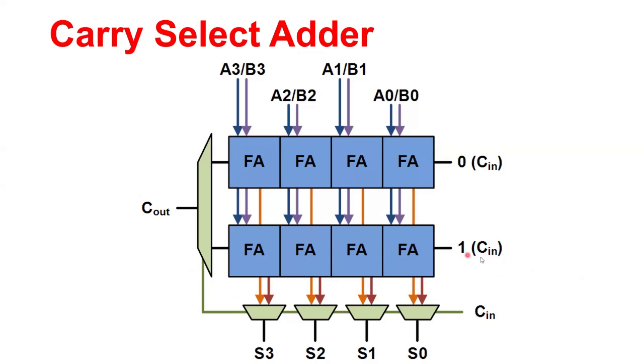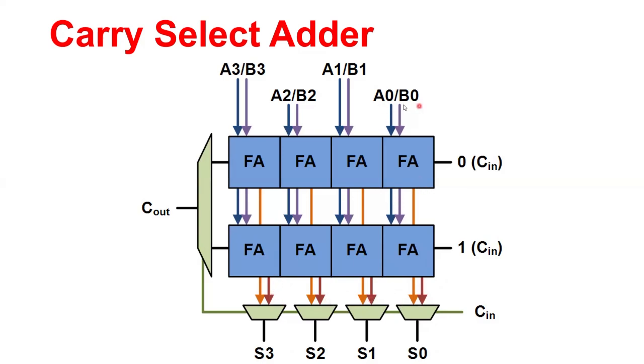However, if C in is equal to 1, for example at the beginning, then the bottom row is activated and the brown sum lines are selected, because C in is equal to 1, and these S0 to S3 lines receive the brown sum signals.